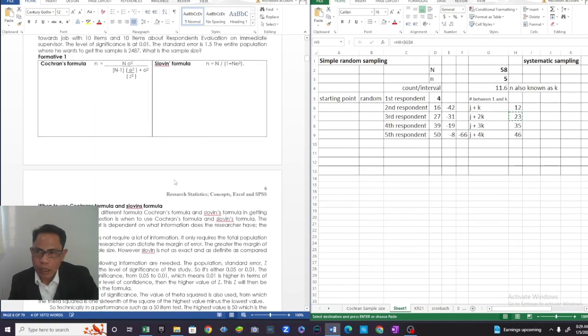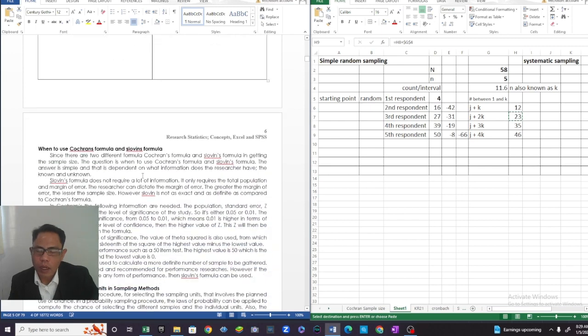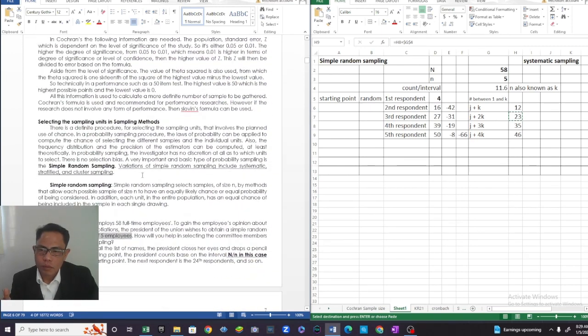We're not using Cochran's or Slovin's formula in getting the number of samples. This is just an example, but it can be done also as a discretion because it's probably the limit of what he can achieve, or he only needs 5. So, how will you help in selecting committee members by selecting a sample? Okay, so let's go at this one.